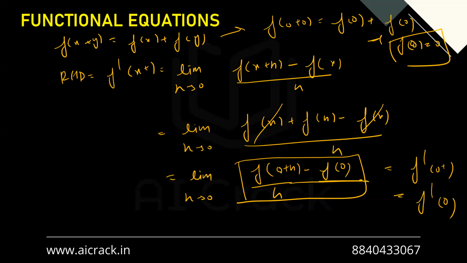We were targeting f dash 0 over here, so that's why we found out the value of f0. If we were targeting f of 1 plus h by any chance, then we would have targeted f of 1 over here, right? But in this case we wanted f0 over there because that made perfect sense for this to become f dash 0, right? Now f dash 0 is nothing but a constant number, let's say k.